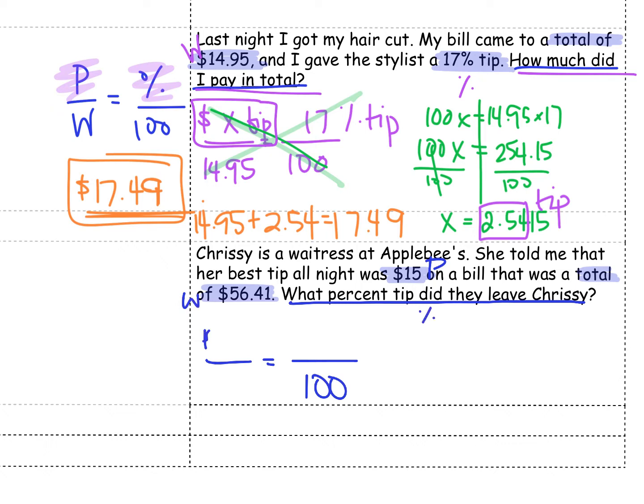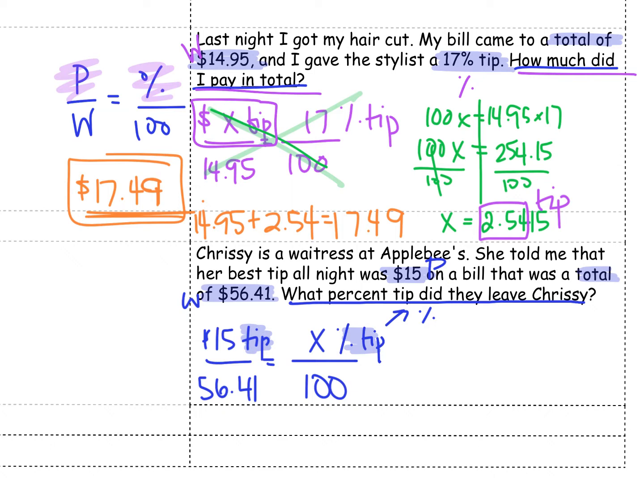So I had a $15 tip. My total bill was $56.41, and I need to find the percent. Because this part is the tip, I know that my percent is going to be the percent tip they left. So that's going to match up with what I need to find.